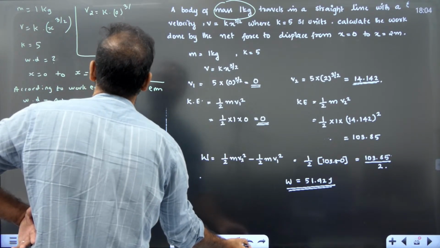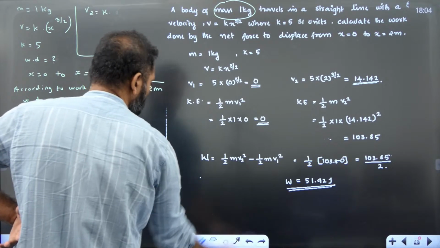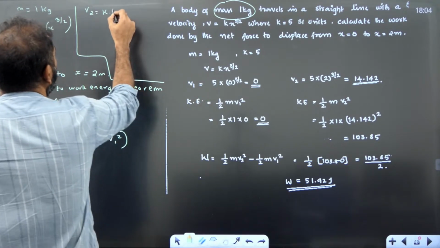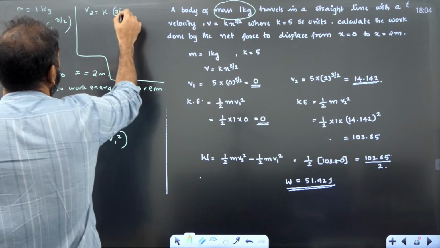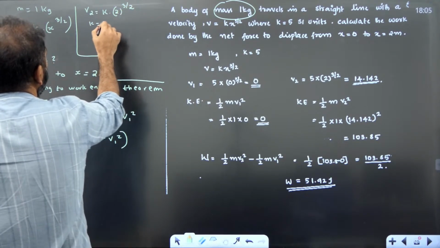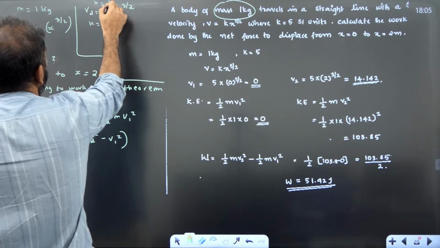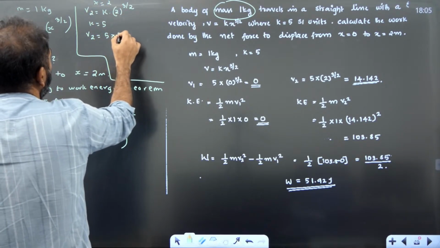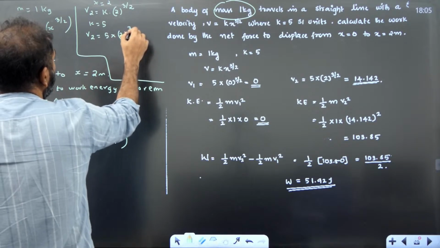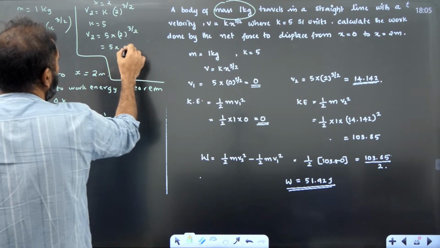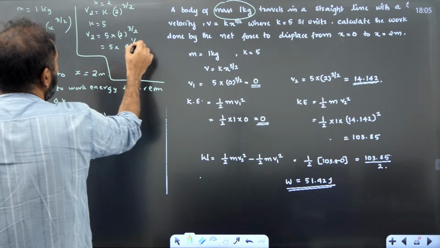Initially x equal to 0, and finally x equal to 2. Instead of x I am writing 2 raised to 3 by 2, with k equal to 5. So v2 is equal to 5 into 2 raised to 3 by 2. That is 5 into 2 raised to 3, which is 8, raised to 1 by 2.